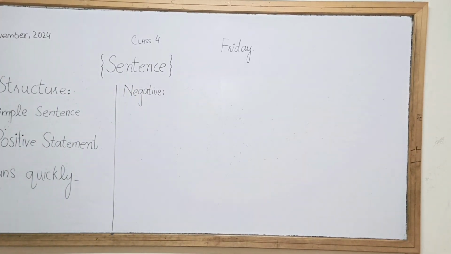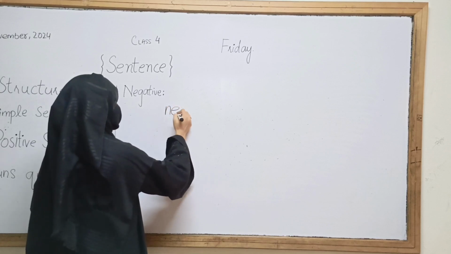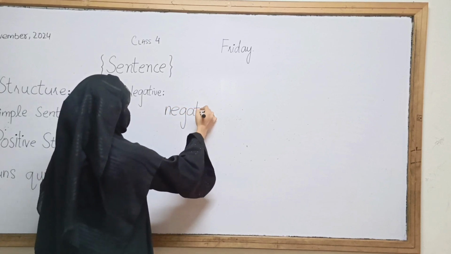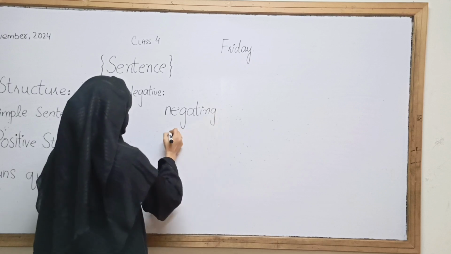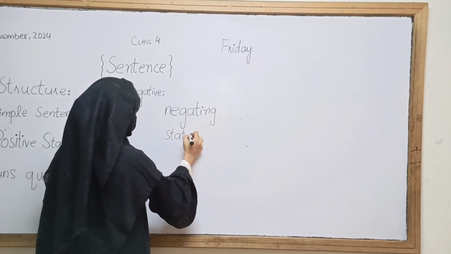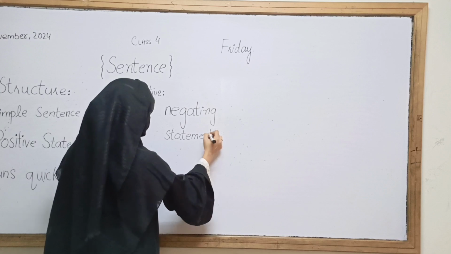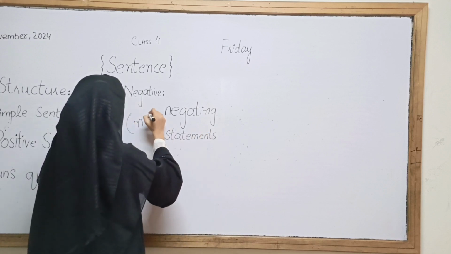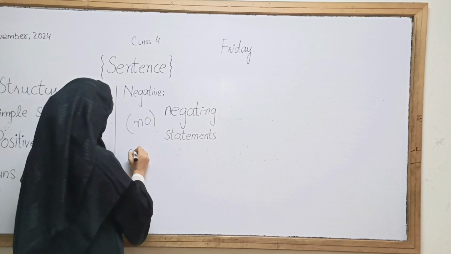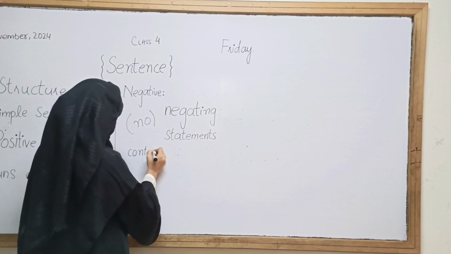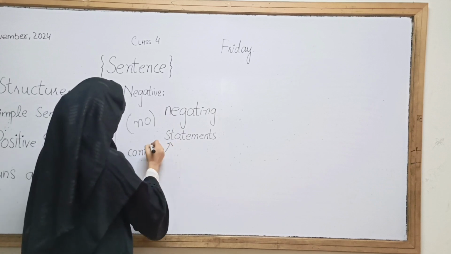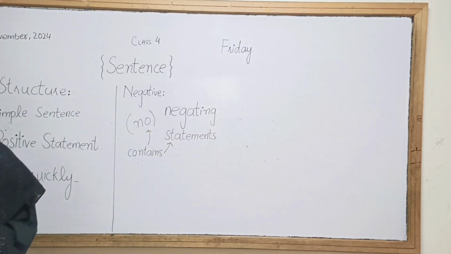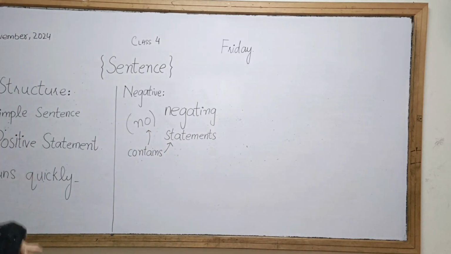Negating means no. It contains negative statements or any kind of a no in the sentence. You can say no, not. We will understand it with the help of an example that I am going to give you here.